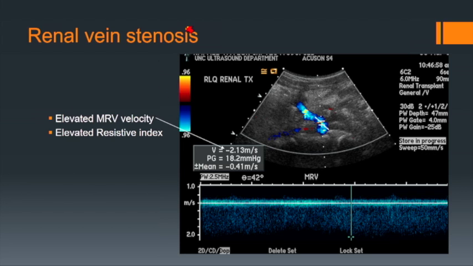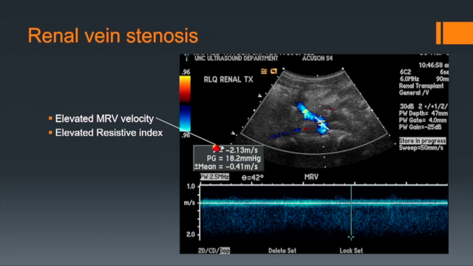Renal vein stenosis presents with elevated velocities, and in this case we see a stenosis at the renal vein IVC anastomosis, and we have a peak velocity here of 2.1 meters per second. You may also see elevated RIs within the renal artery caused by the outflow obstruction here.